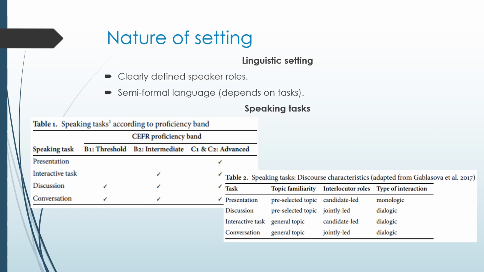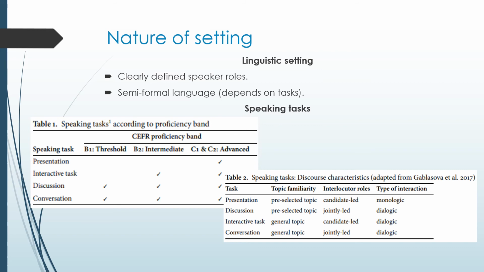So the first task, presentation, was based on a prepared speech, a prepared monologue, on a free topic. So speakers could choose anything they were interested in, and they were just supposed to present their monologue. There was absolutely no interaction.